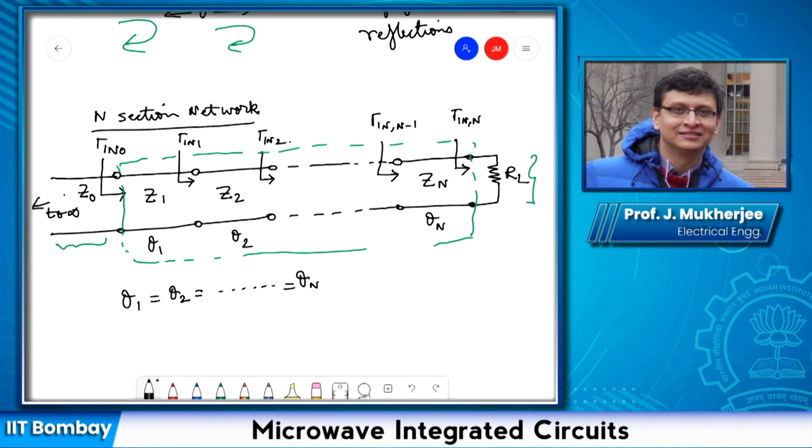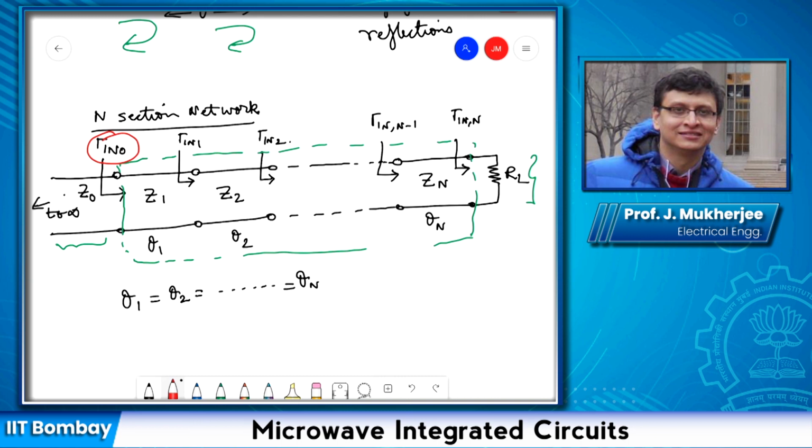Now let us start applying the formula we obtained from the theory of small reflections and start finding the input reflection coefficients, starting with this value.